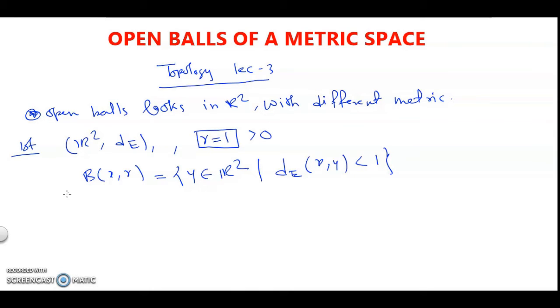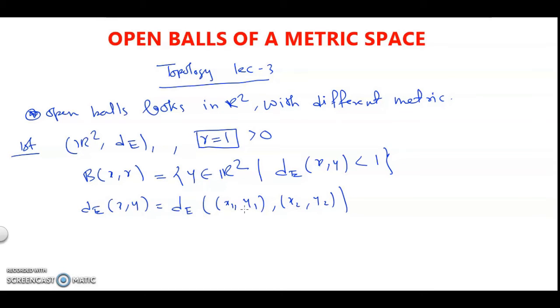Now, how is the Euclidean metric defined? dE(x, y) is equal to dE of (x1, y1) and (x2, y2). Just see this: x and y belong to R2, so all the points in R2 are in pair form, with a first coordinate and a second coordinate.